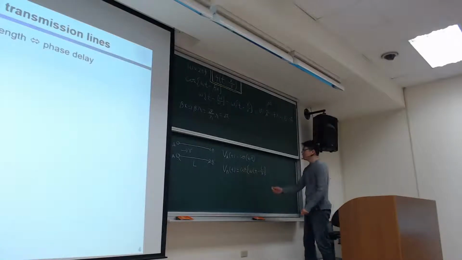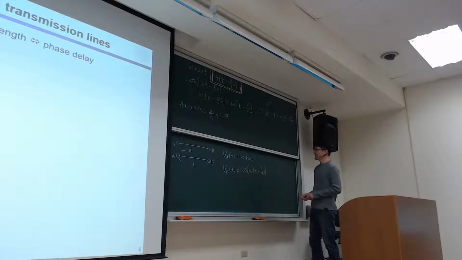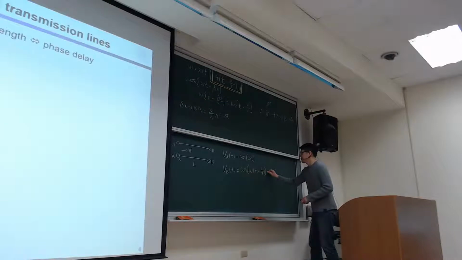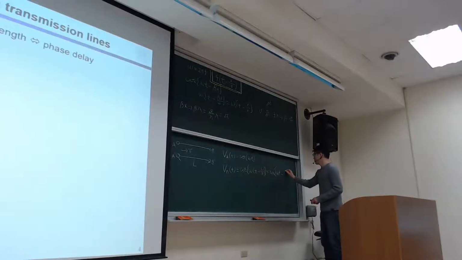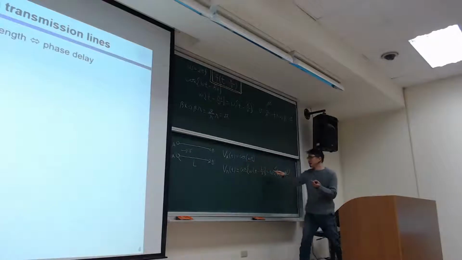So now all I have to do is multiply things back, right? I only care about omega t minus omega L over V. I only care about this term, because this is the only change or difference between the input and the output, right?